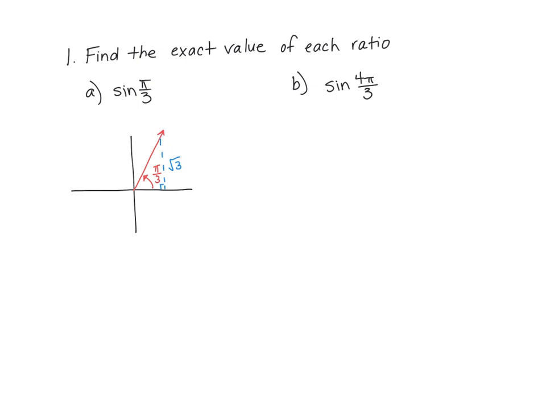I know across from the square, it's going to be the hypotenuse, which is my largest side length, which will be a 2. And because that gives me my opposite over my hypotenuse, I don't have to go further in labeling my triangle, but maybe just to ensure, I write my adjacent side there, which is 1. So we find out that the value of sine pi by 3 is root 3 over 2. That would be the exact value of sine pi by 3.